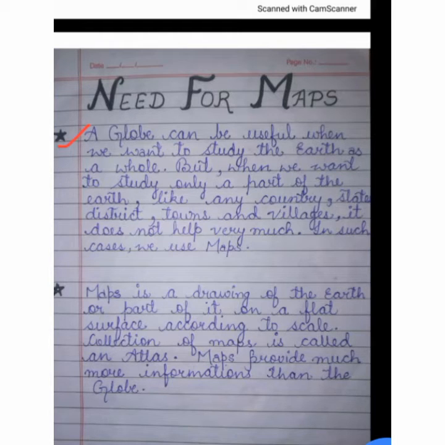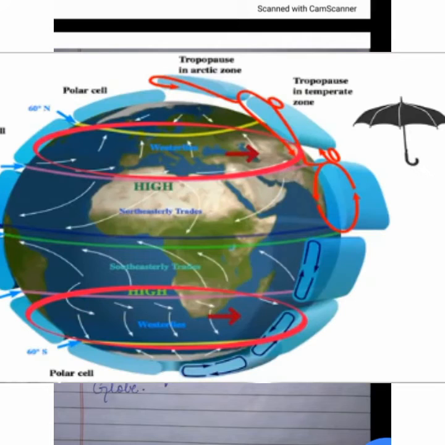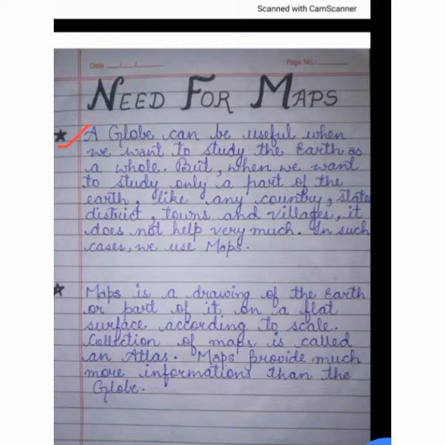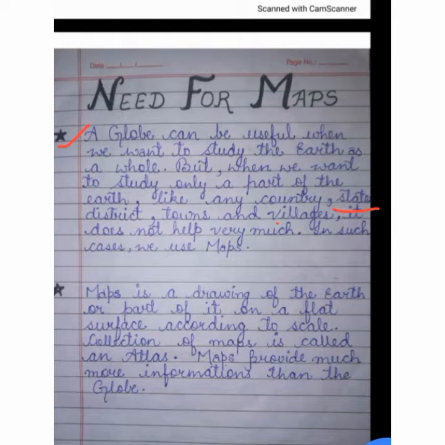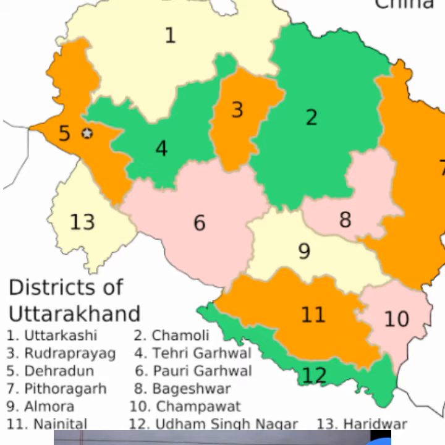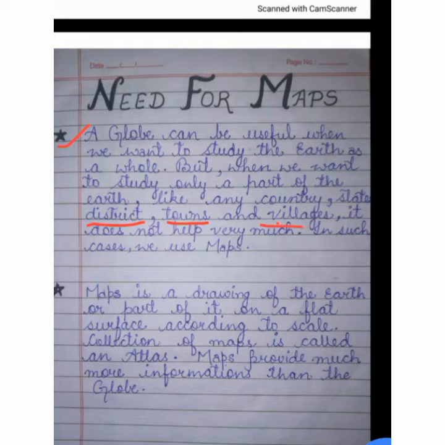For example, if you want to study how the wind blows, how the monsoon arrives in different places, at that time a globe is very useful. But when we want to study only a part of the earth, like any country, your India, state, your Uttarakhand, district, Nainital, town and villages, it does not help us very much.